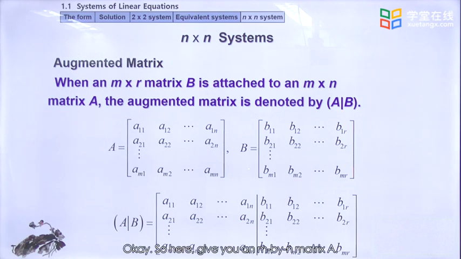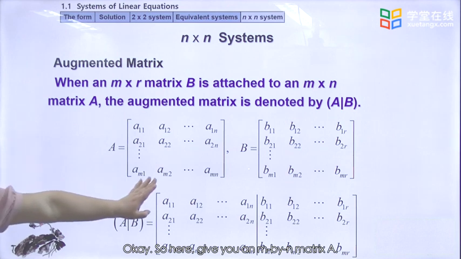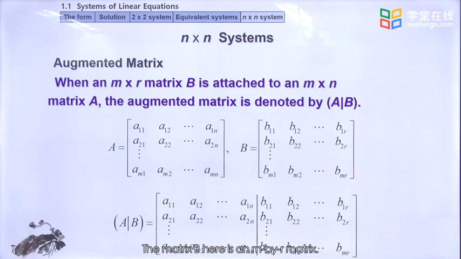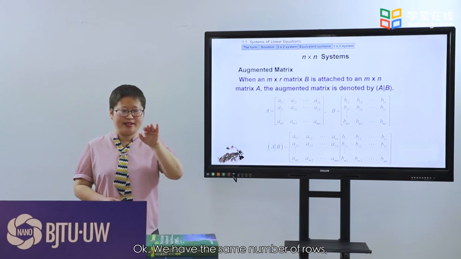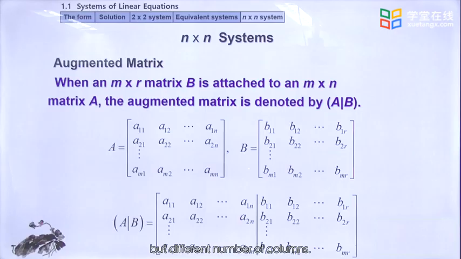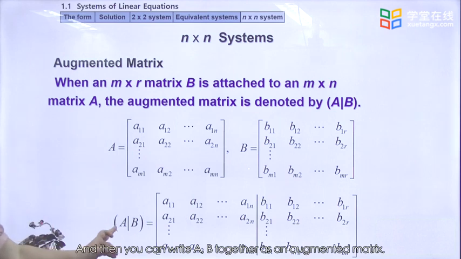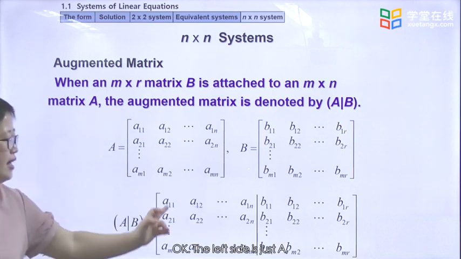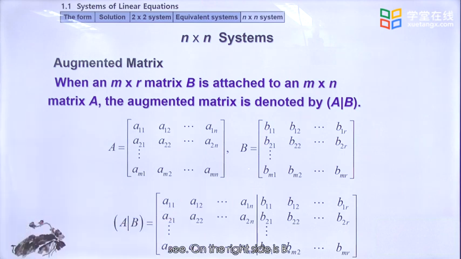Here A is an n by n matrix, and B is an n by r matrix. They have the same number of rows, but a different number of columns. Then you can write A and B together as an augmented matrix, with A on the left side and B on the right side.